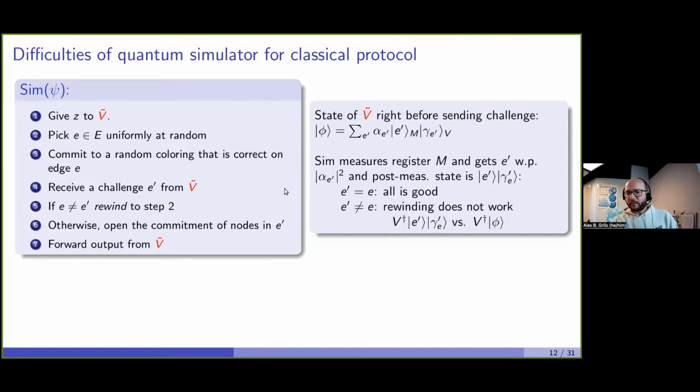And here, step 5 is doing a test if E is equal to E prime, right? So the simulator would have to measure this bit to decide if E is equal or not to E prime.